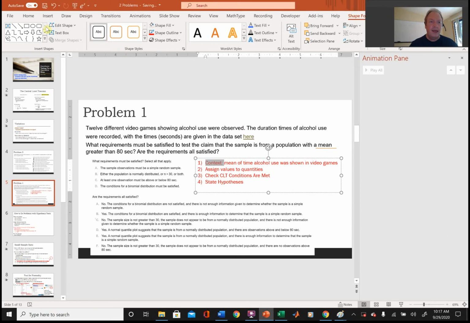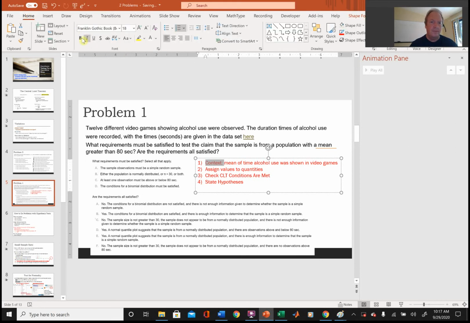So let's go ahead and assign values to quantities here. We're only given one quantity, which is just the time. We want to test the claim that the sample is from a population where the mean is greater than 80 seconds. So what is the 80 seconds? The 80 seconds is a mean.